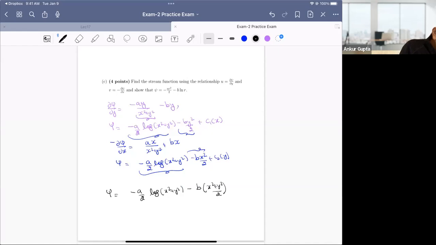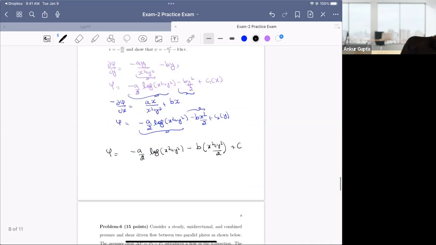This way I kind of make it common. There's some constant which is neither a function of x nor y. This is something we have not done in class, but hopefully you can see this as an example. And we know that this is equal to minus a by 2 log of r minus br square by 2 plus c.